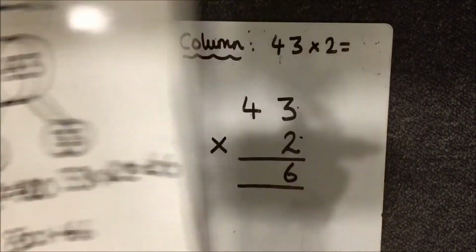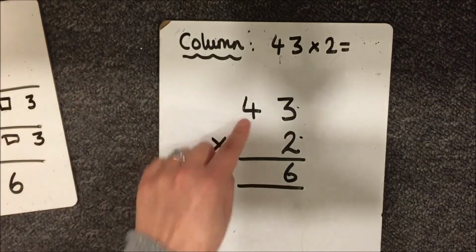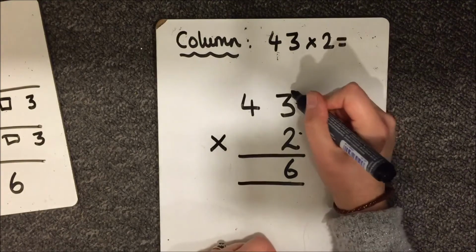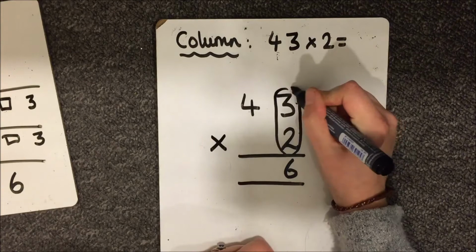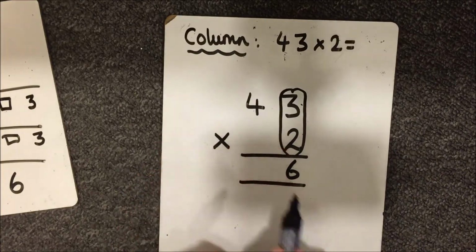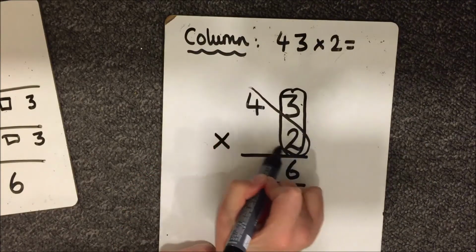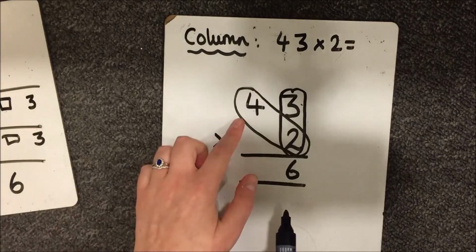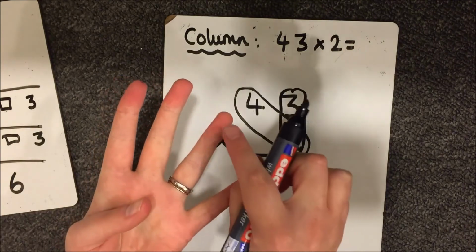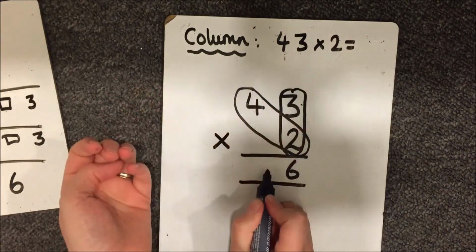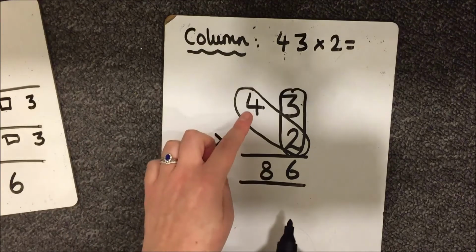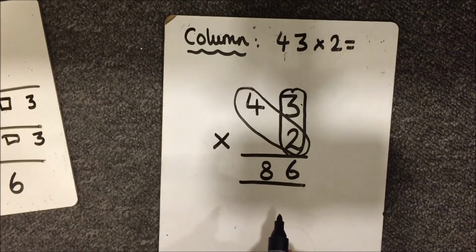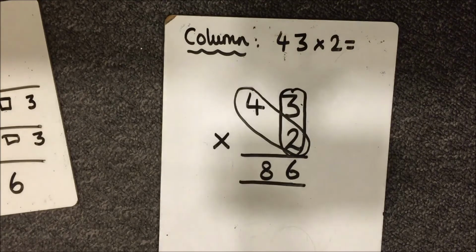So I go down first of all with my ones, and then 40 times 2, or 4 tens times 2. So I go down, then diagonal. So 4 times 2 is, 4 fingers up, 2, 4, 6, 8, which is the same as 8 tens. 4 tens times 2 is 8 tens. My answer is 86. Got it?